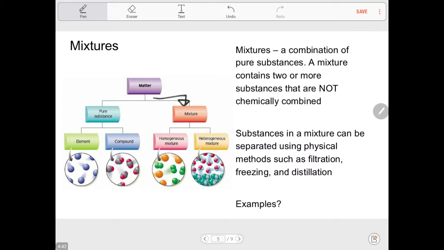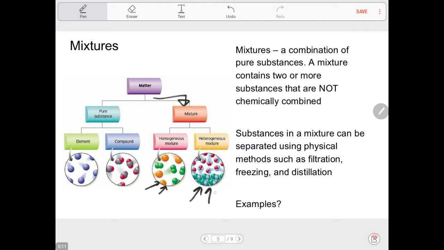A homogeneous mixture is when you have two or more things mixed together, but it looks like it's all the same. For example, pretend you had a glass of water and you dissolved some salt in there. It looks just like water. You would never know that there's salt inside of there. That's a homogeneous mixture because we have multiple things put together, but it looks like just one.